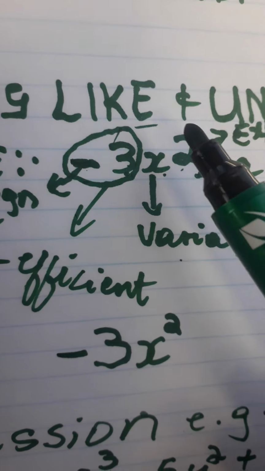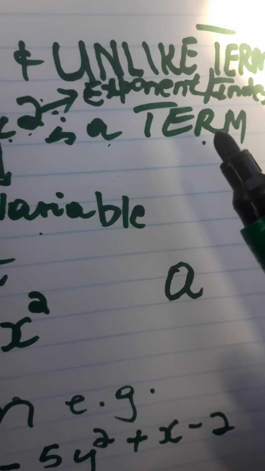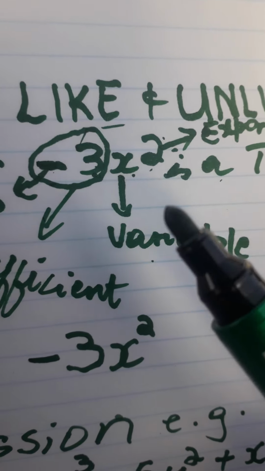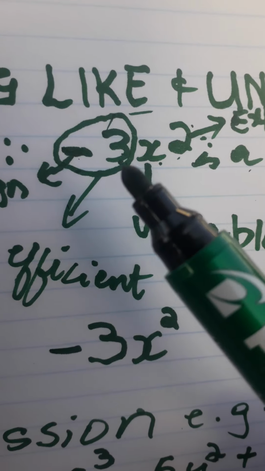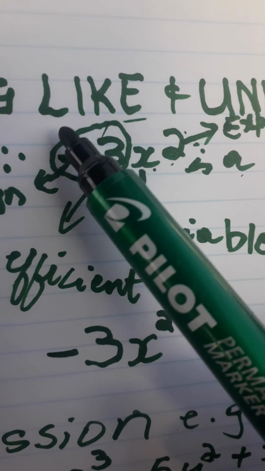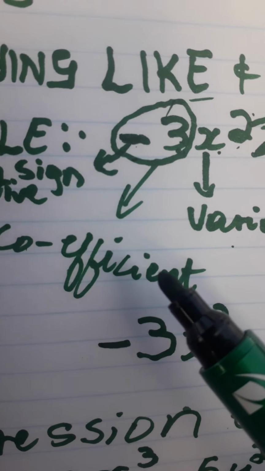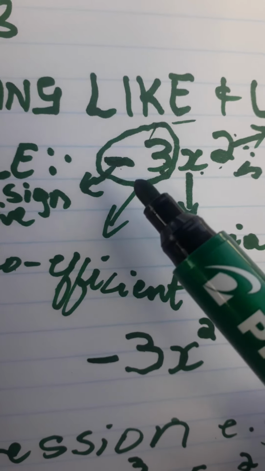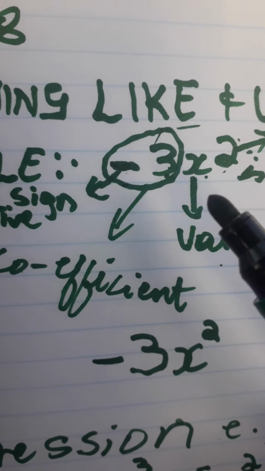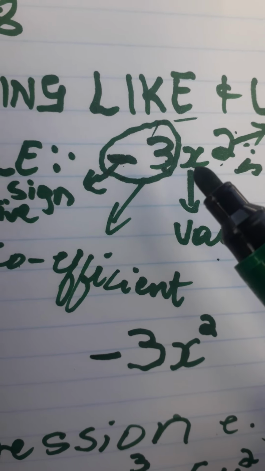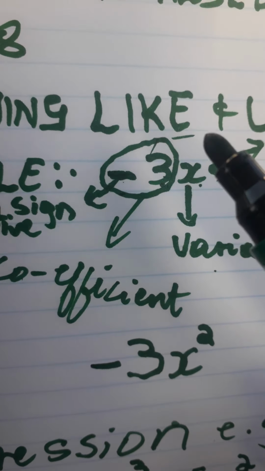Negative 3x squared is a term, and a term is composed of the following. This negative 3 is called a coefficient. Next to the coefficient, there is this letter of the alphabet.